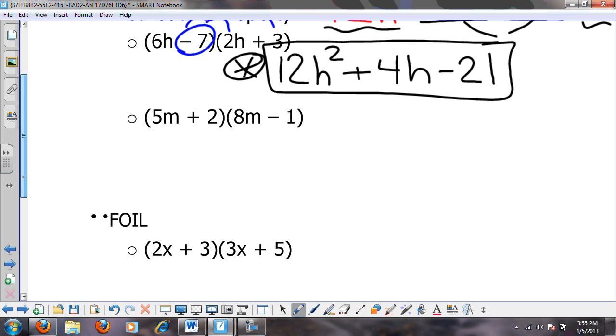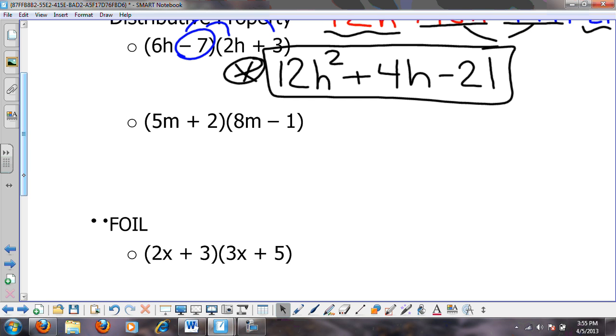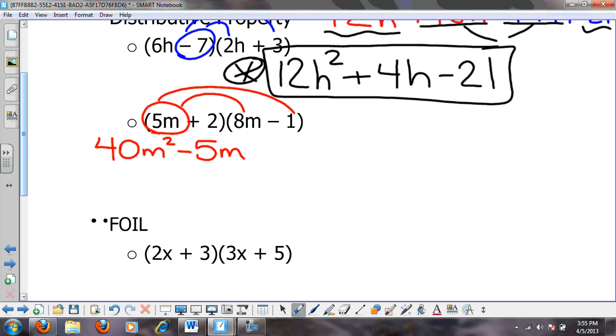Let's look at this one. 5m, I'm going to distribute to 8m minus 1, and then plus 2 to 8m minus 1. So 5 times 8 is 40. m times m is m squared. 5 times -1 is -5. Then 2 times 8 is 16, and m times 1 is m. 2 times -1 is -2.